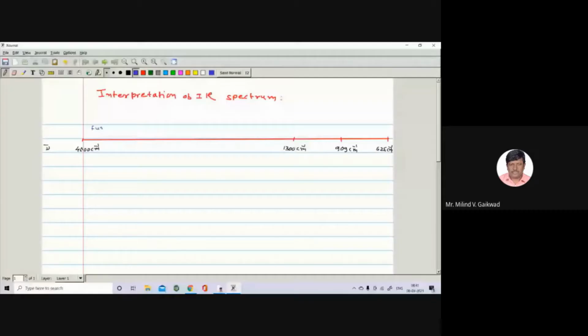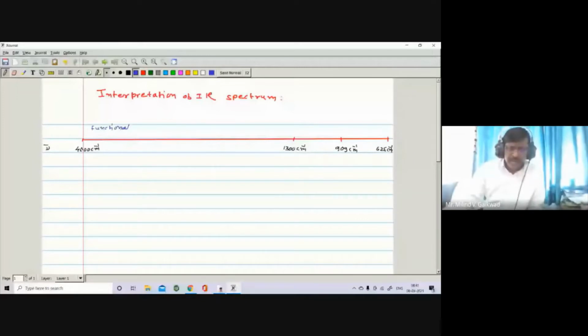These values are wave numbers, but we call the first one the functional group region.